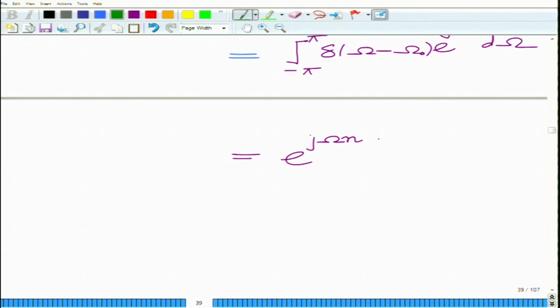You substitute here omega equals omega naught, and this will be e raised to j omega naught n. So, that is the inverse.